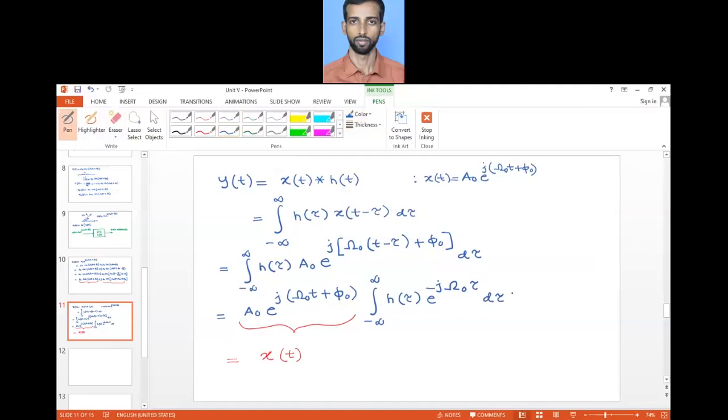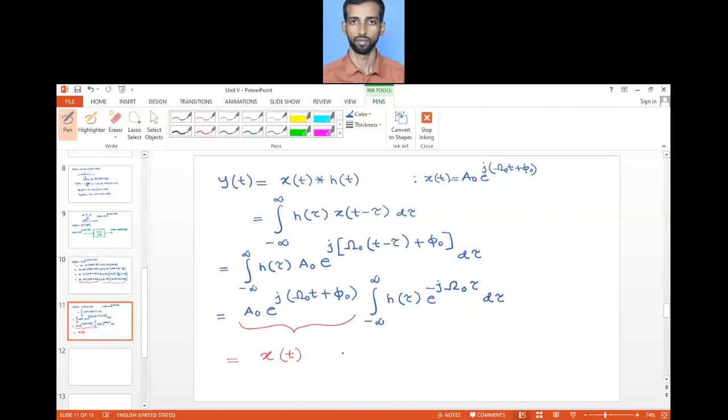So what you are getting is this factor, the integration from minus to plus infinity of h of tau e to the power minus j omega naught tau d tau. This is a function of omega naught, and it also depends upon the value of h of tau. If you have one particular LTI system, you'll get one expression for this.